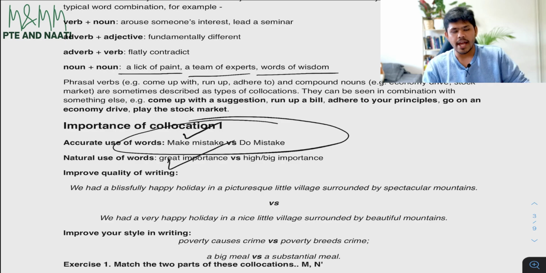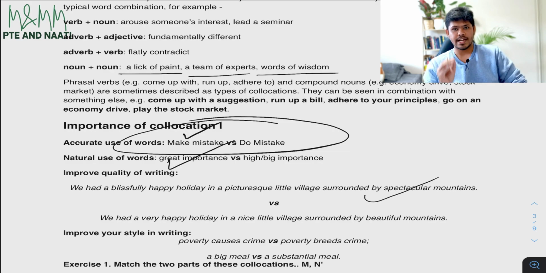When I read them, I can understand what they are trying to say. But if I ask you a question, which sentence impresses you more? Which sentence, if you write it, will make the person reading it think that yes, this person knows the language correctly, knows a good use of words in the language? Definitely the first one. Why?